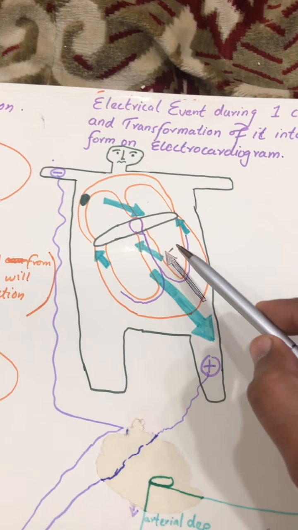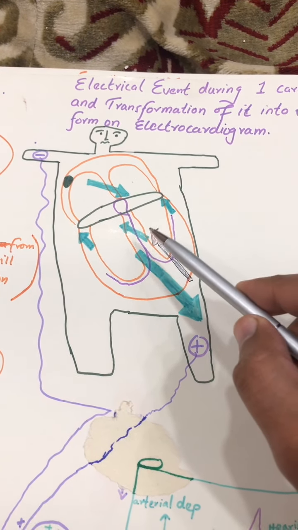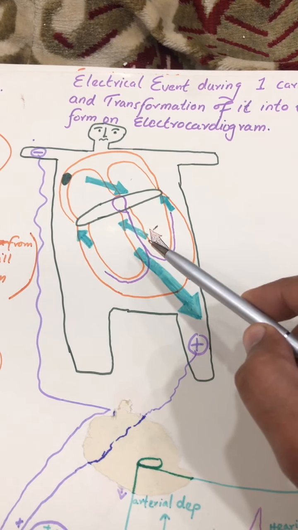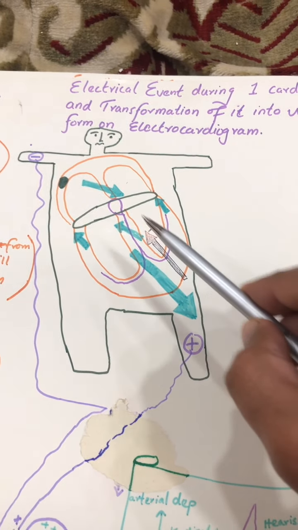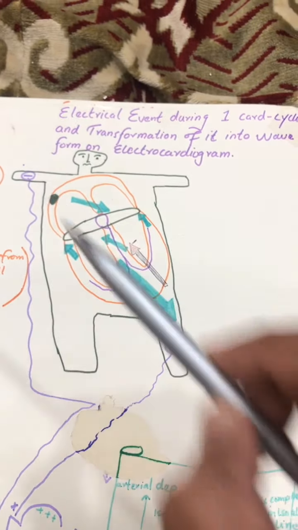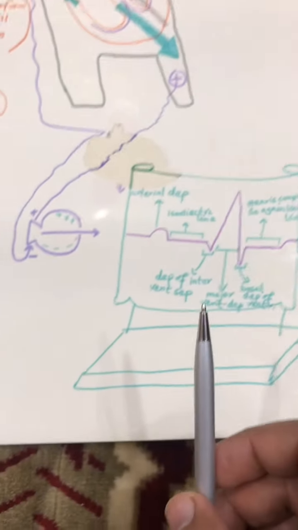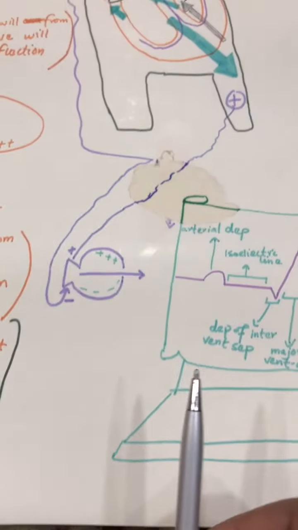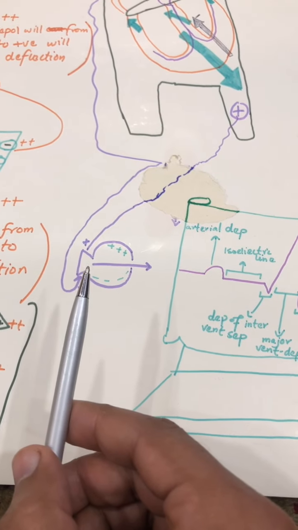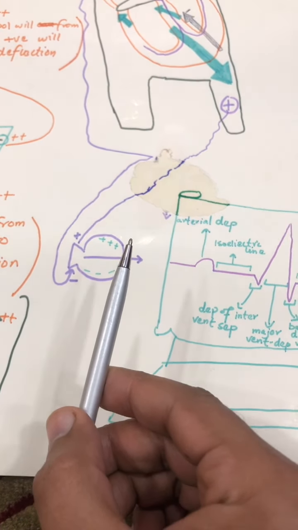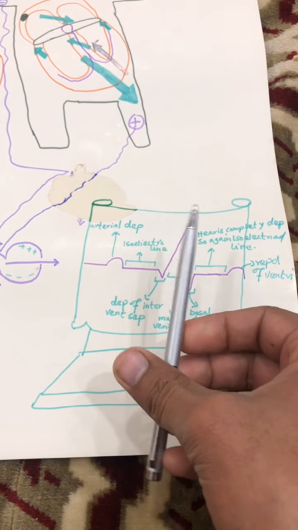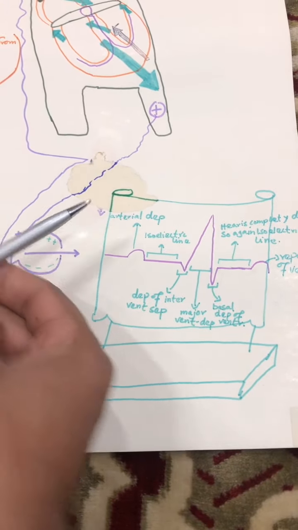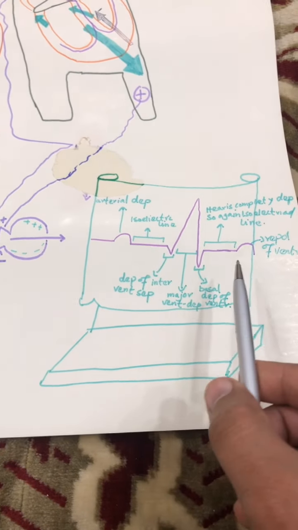We also know that it should be a negative wave because it is repolarization, right? And negative is going toward negative, so negative into negative equals positive. So this deflection will be positive. See, this is the needle, it will be deflected to the positive side.